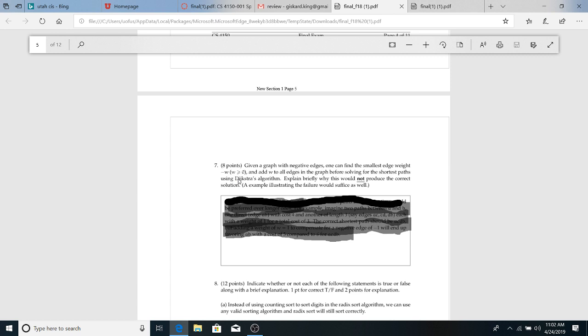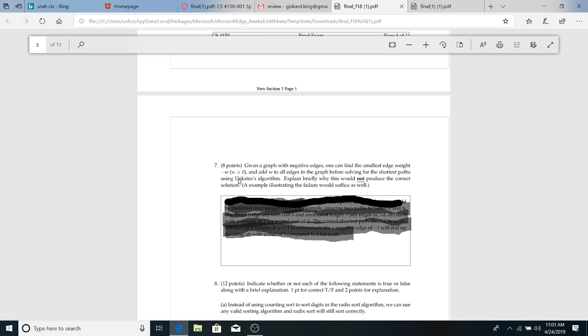So how do I want to run this? Is it negative 2? Okay, I think this one will work. So the idea is that this should be the cheapest path, right?